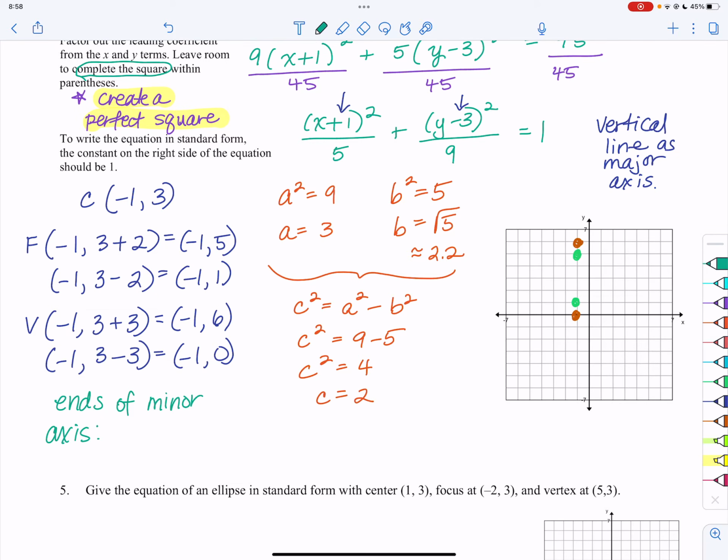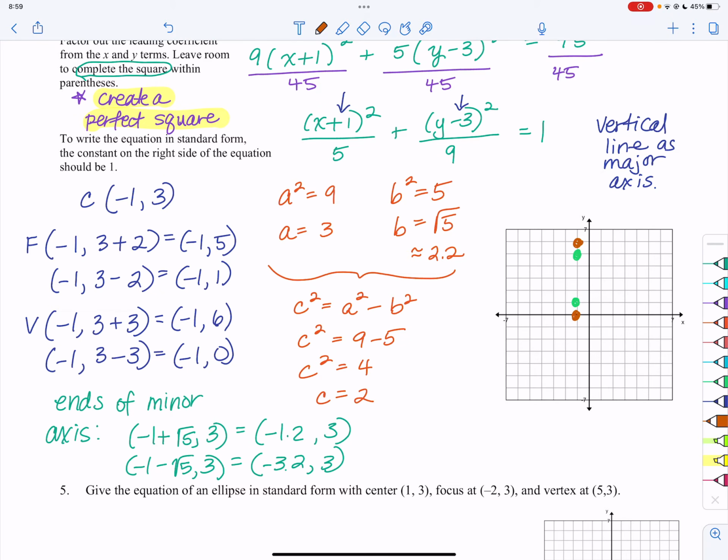We will add B, which is about 2.2, to H. So here we will have negative 1 plus the square root of 5 and still have K. And then we'll have negative 1 minus root 5 and still have K. And that comes up with, if B is about 2.2, negative 1.2, and that's a negative 3.2.